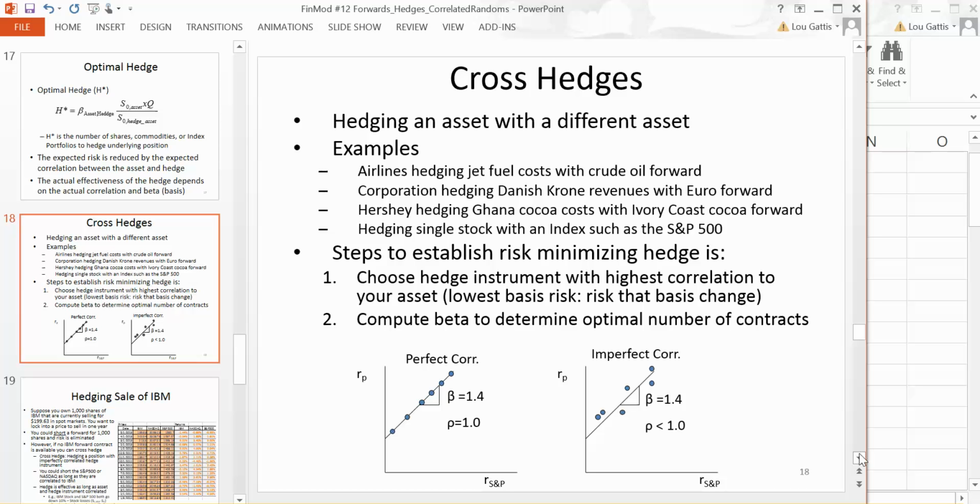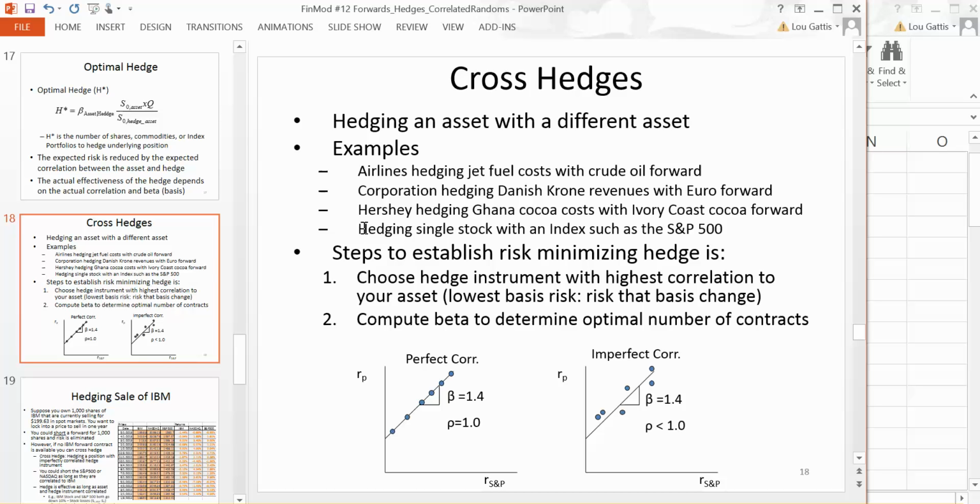Well, as long as Ivory Coast cocoa and Ghana cocoa move 1-for-1, highly correlated, then Hershey Foods can enter into a contract to buy Ivory Coast cocoa. If both the price of Ivory Coast cocoa and Ghana cocoa rise, Hershey's hedged because they'll take any gain from their long forward contract in Ivory Coast cocoa, and use that to pay for the more expensive Ghana cocoa.